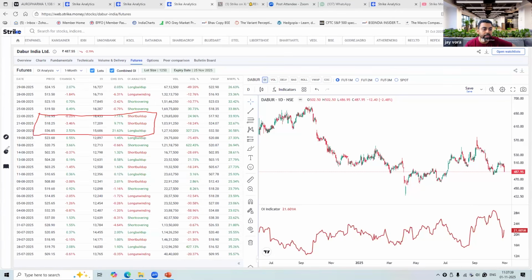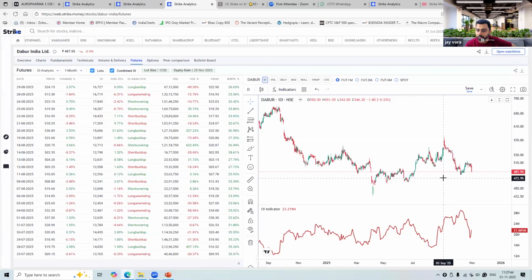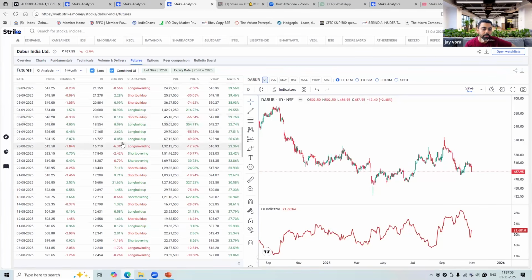Now this is where 22nd of August. Where is 22nd of August? Okay, yeah. So somewhere over here, and after that, again, there is this spike in open interest that has happened. So over here, now you can see that this is mainly long build up, right? 8%, 10%, 2%.